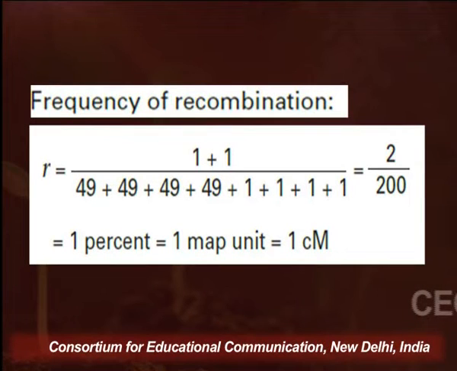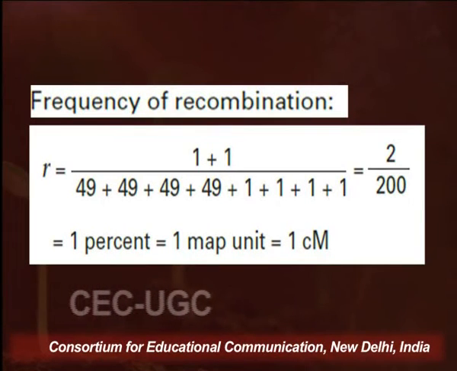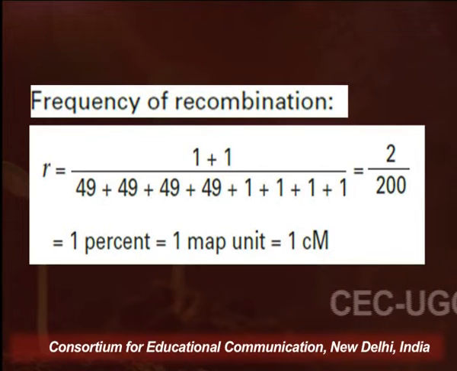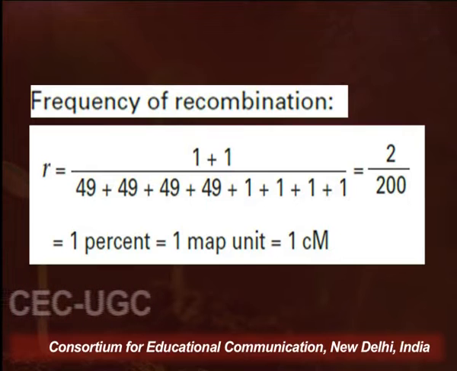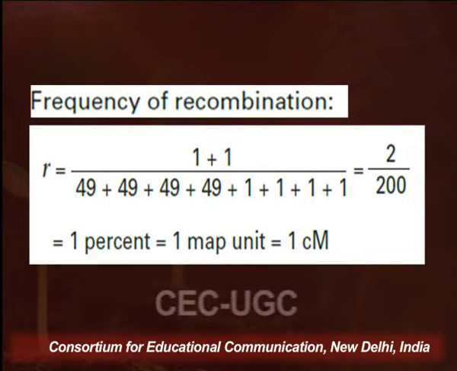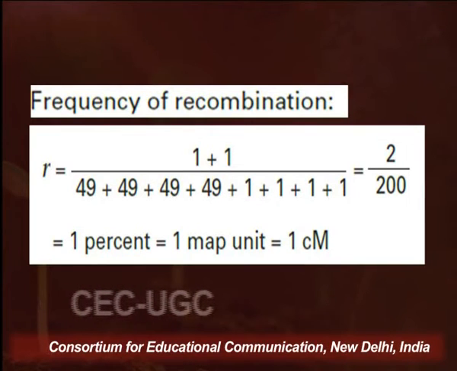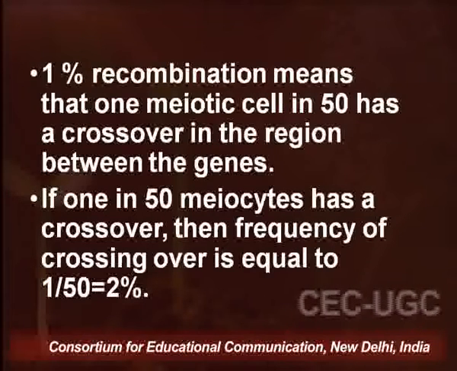So, what is the frequency of recombination? The frequency of recombination R would mean 1 recombinant plus 1 recombinant, that is 2, over a total of 200, and this happens to be 1%. So, that means these two genes are 1 map unit or 1 centimorgan apart.